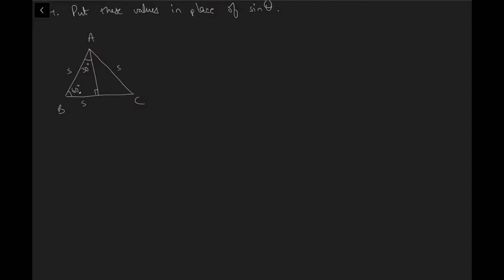Now I'm going to make a few assumptions. So the first assumption is that we know AB is equal to BC is equal to AC, which is equal to S. Now let's name this point D. I want to find the measure of BD and the measure of AD.